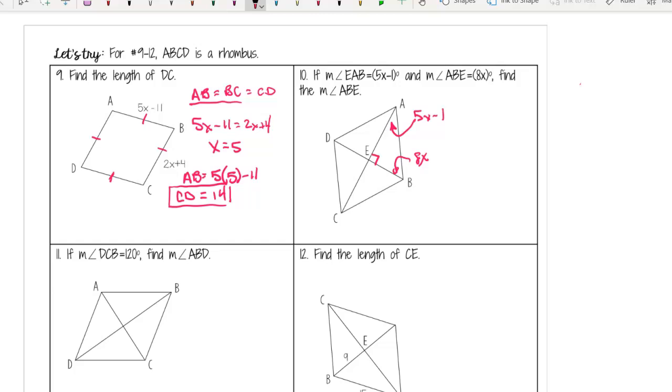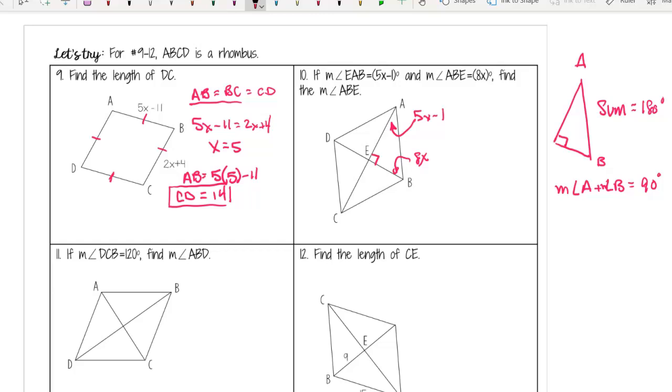What do we know about the sum of the angles in a triangle, a right triangle? The sum of all of these angles is 180 degrees for a triangle. But if I have a right angle here, angle A's measure plus angle B's measure has to equal 90 degrees. So the sum of the acute angles equals 90 degrees.